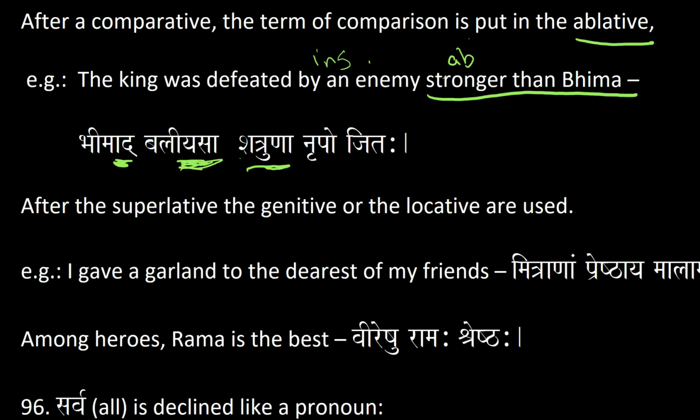So stronger is in the ablative, even though the enemy is the one that's stronger. It's agreeing with who it's being stronger than, and that's Bhima. Okay, so stronger is in the ablative case, Balīyasa, and then Bhima is in the ablative case.